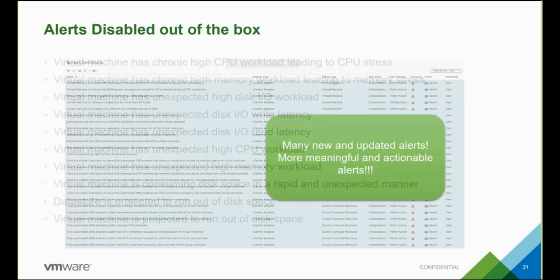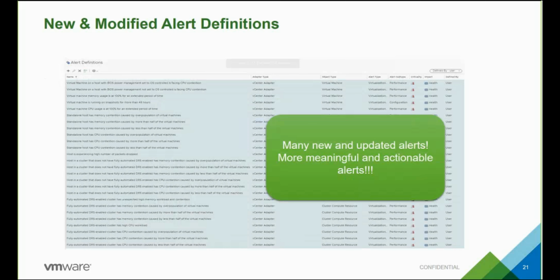And then we went ahead and did a lot of work looking at each and every alert which is critical, and these are some of the critical alerts which we have modified with vROps 6.6.